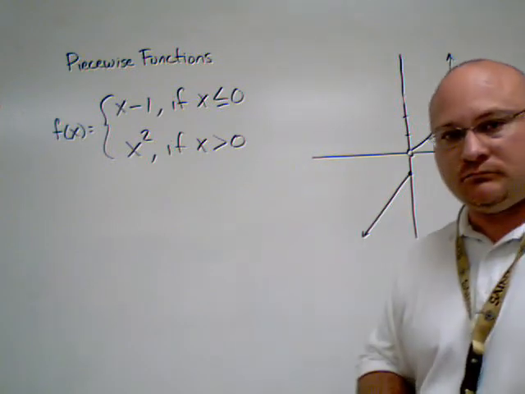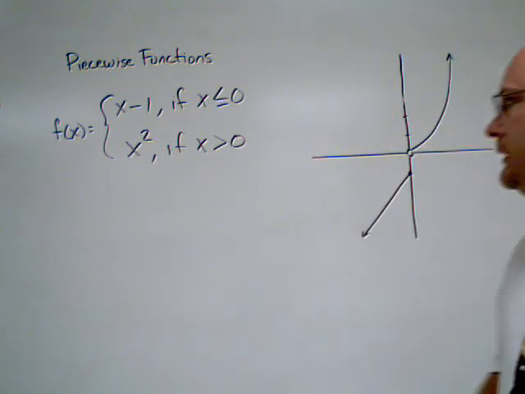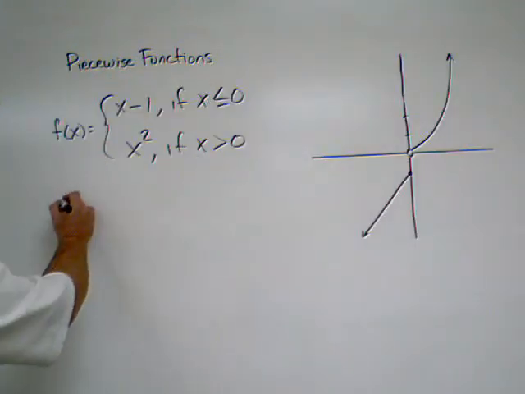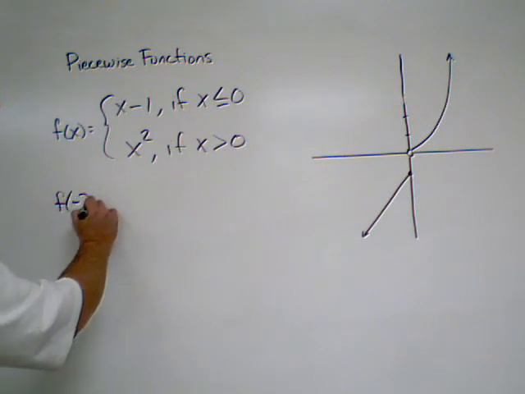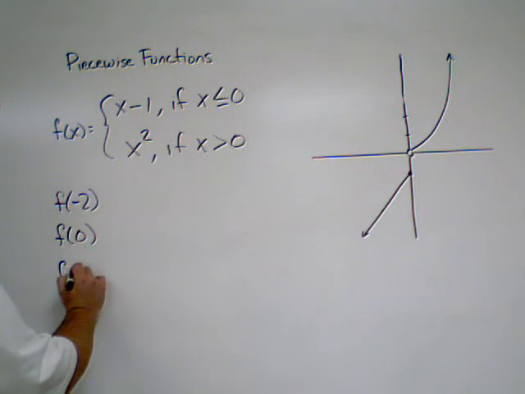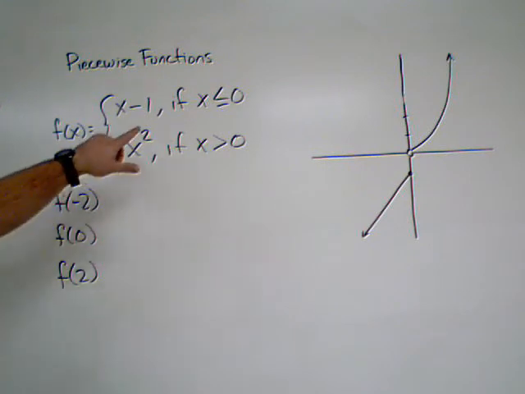Now, how about evaluating? What if we want to just plug in values? I'm going to use the same examples, but I want to evaluate f of -2, f of 0, and f of 2. Now, whatever x is going to be, you find out where it is in the domain, what condition it meets.